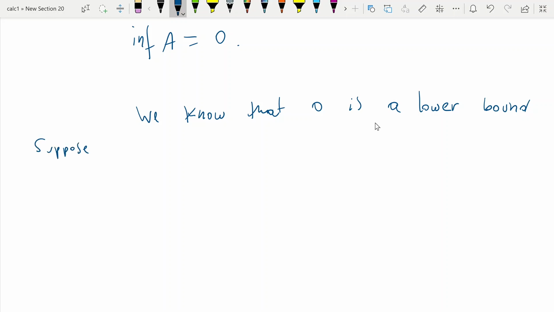So suppose epsilon greater than 0 is a lower bound.